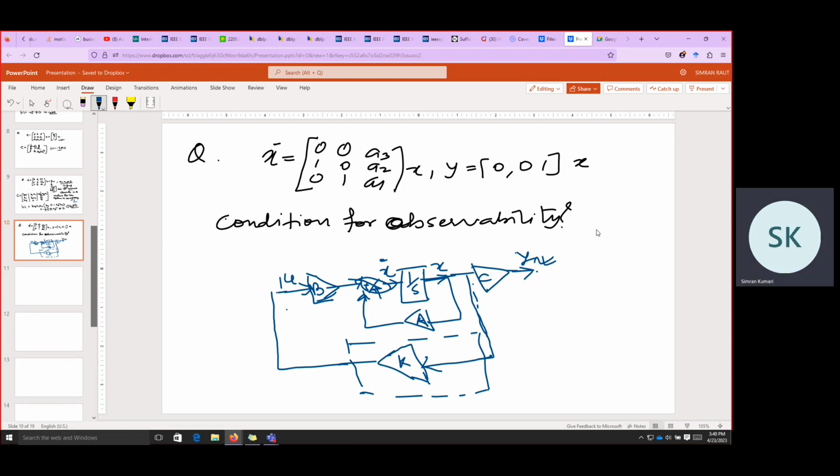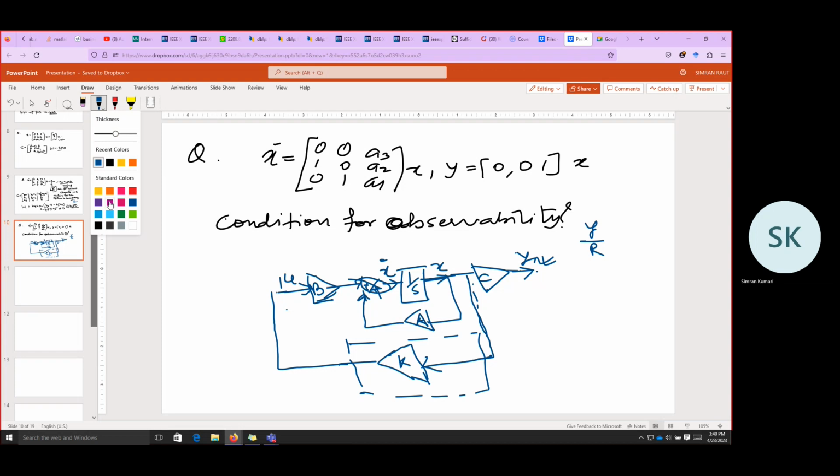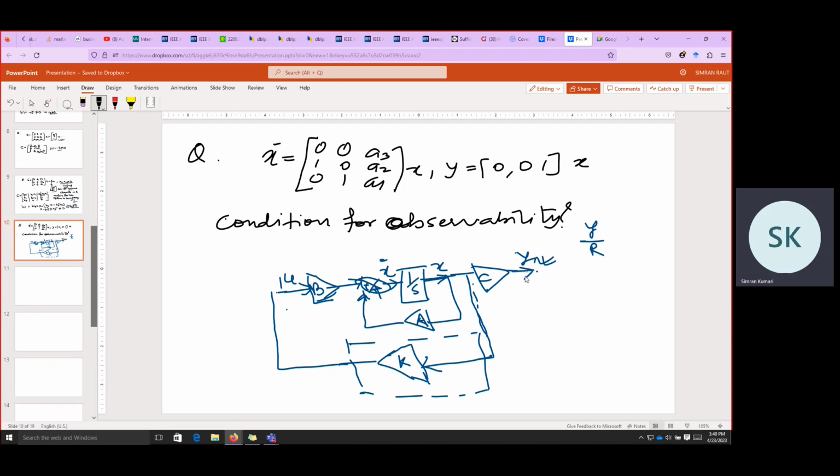So in the transfer function, when we are dealing, we are seeing Y by R. In that case, we have to utilize this one, which is available from the sensor.